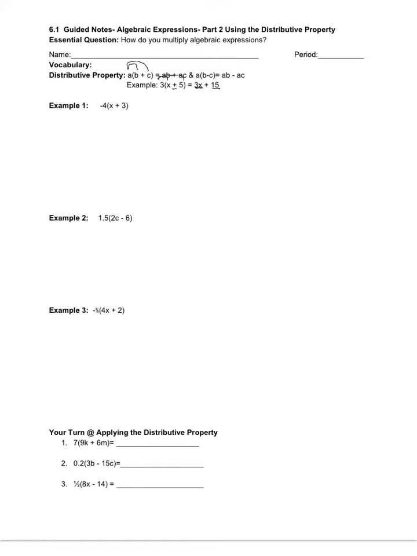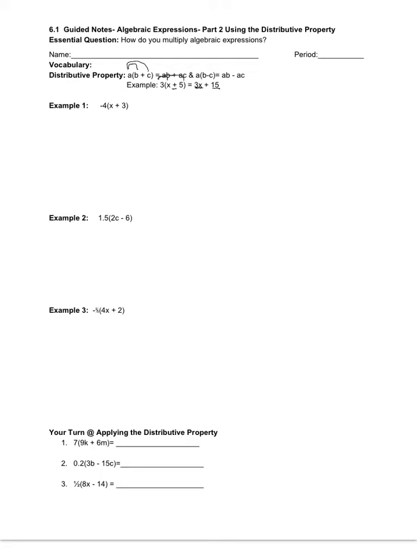Now let's take a closer look with a few examples here. Our first example, -4 in parentheses x plus 3. Now, to start, I'm going to look at my -4, and that is what I am distributing within my parentheses, and by distributing it, I am multiplying.